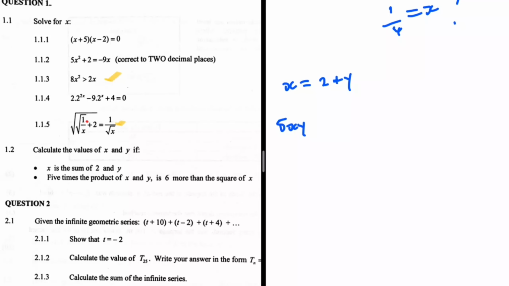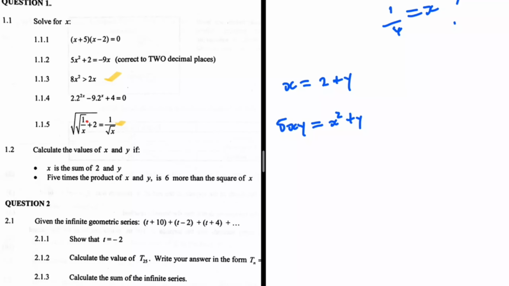So you might be tempted to use a greater than sign instead of an equal sign, but we're actually supposed to use an equal sign, right? So this is saying that 5, the product of x and y, is 6 more than the square of x. So 5xy is equal to x squared plus 6. Right, that's what the second bullet point is saying.